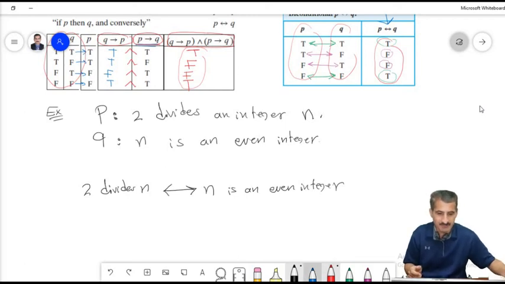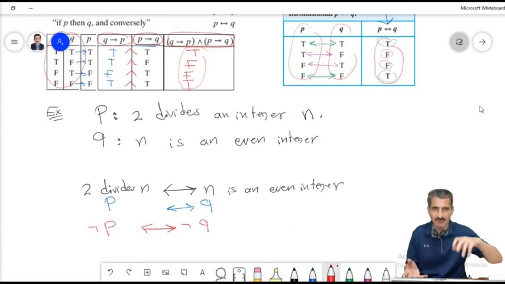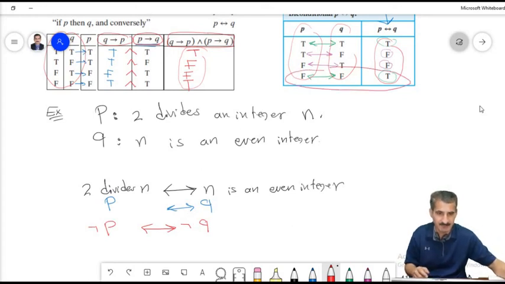Now notice here, if you negate both of them. Okay, so let me write in here, that means P if and only if Q. Now what about if we negate both of them? Not P if and only if not Q. And we say we'll have false if and only if false, and that is true as we claim here.